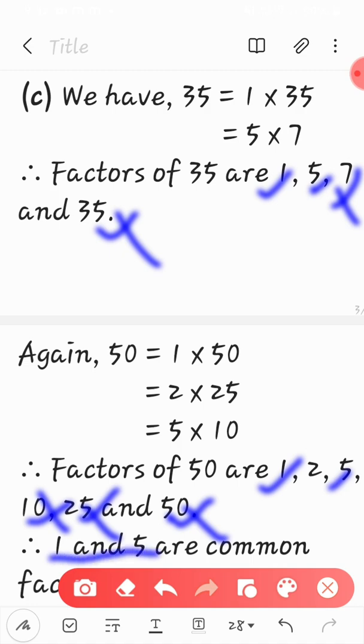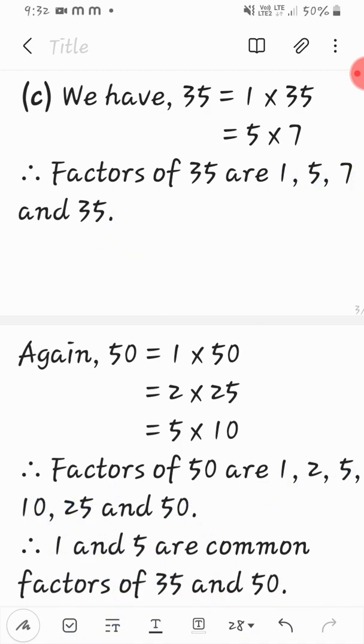That means 1 and 5 are the common factors of 35 and 50.